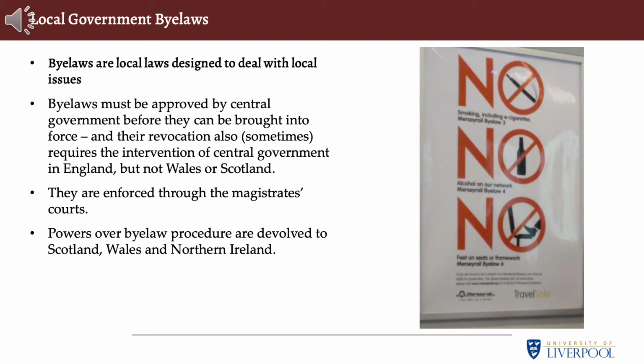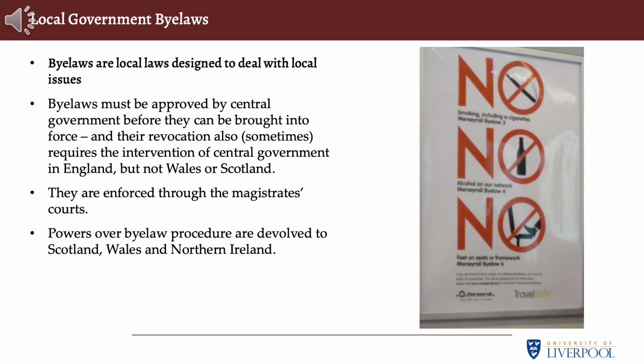Bylaws must not duplicate or conflict with the general law, existing bylaws or any local act or common law. The nuisance that they address should merit criminal sanctions and, to a reasonable person, the penalty is available and proportionate, right? So no death penalty for putting your feet on the seats on Merseyrail, okay?